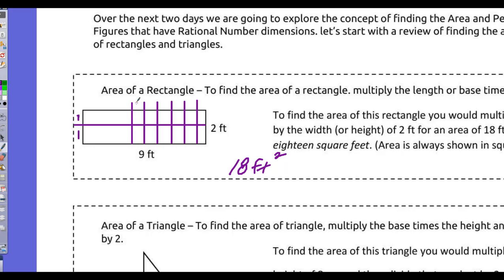So you're going to end up with 9 sections here. 1, 2, 3, 4, 5, 6, 7, 8, 9. Now again, if you look carefully at mine, I did not get them perfect, but that's all right. In each of these, put another 1, because each of those is a 1-foot section.